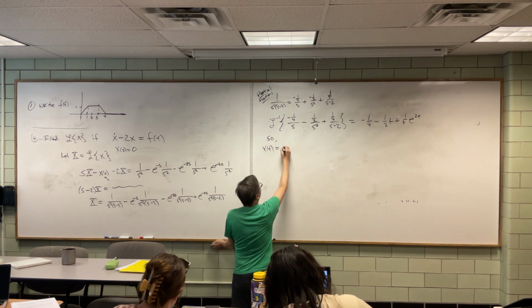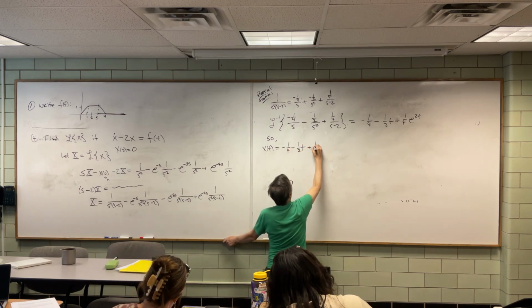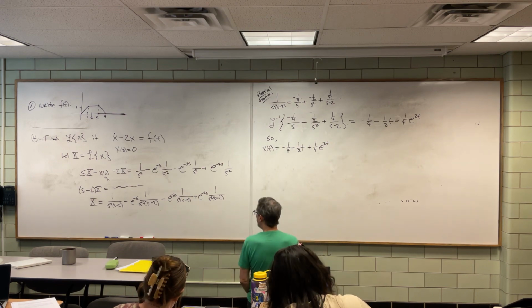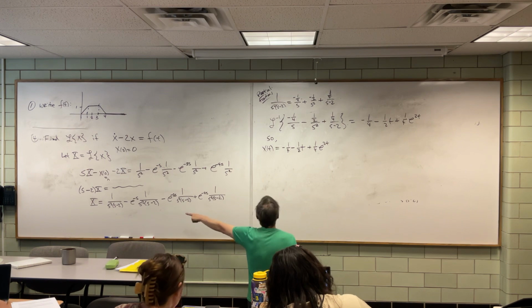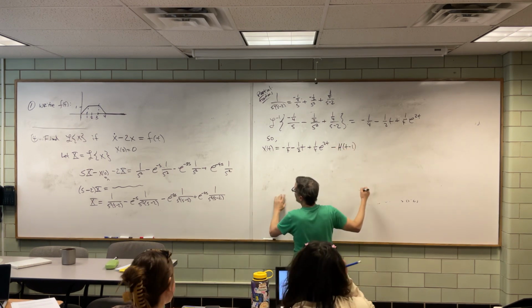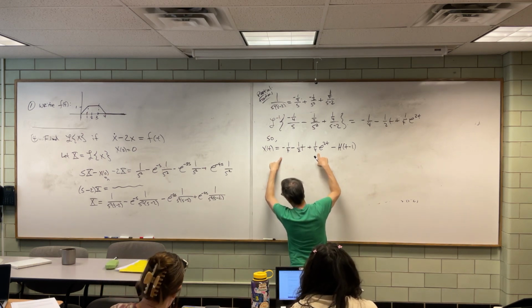That's the first thing. So first off, it starts off like this, and then minus Heaviside t minus 1, this with t replaced by t plus 1.